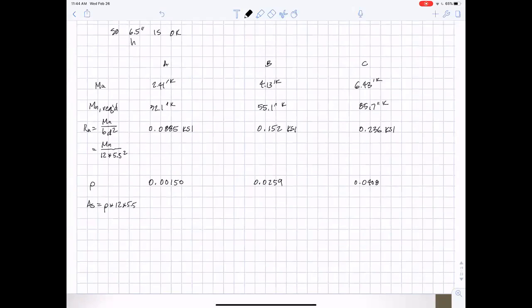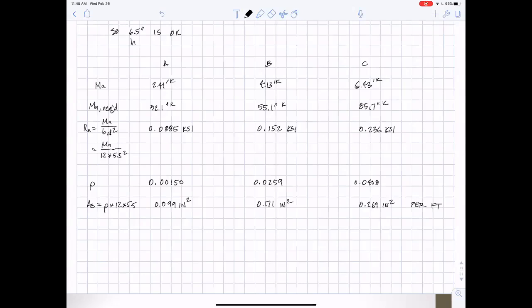So I get 0.269 inches squared, 0.171 inches squared, and 0.099 inches squared. And these are all per foot.